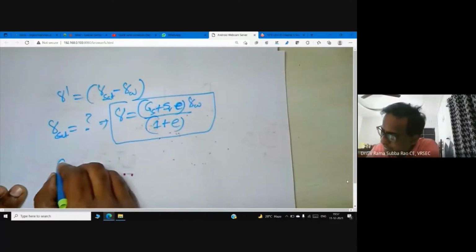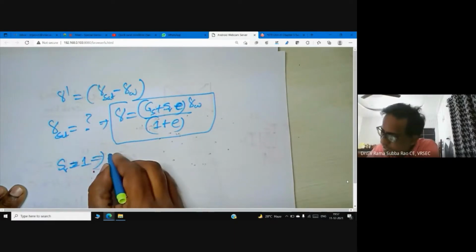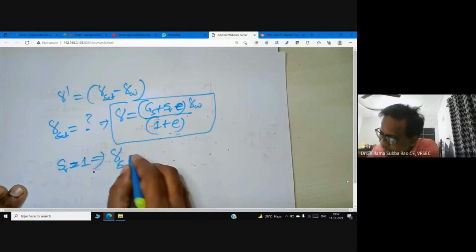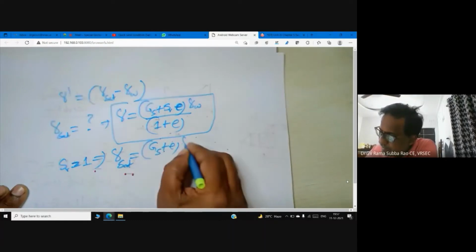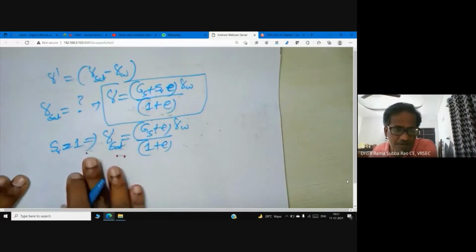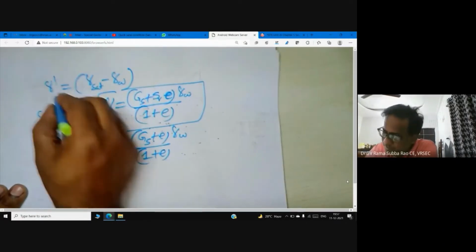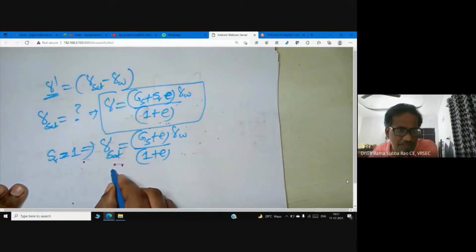Now if Sr is equal to 1, gamma becomes gamma saturated: (G plus e) into gamma W by 1 plus e. Now I want to calculate gamma prime. I am not happy with gamma saturated.